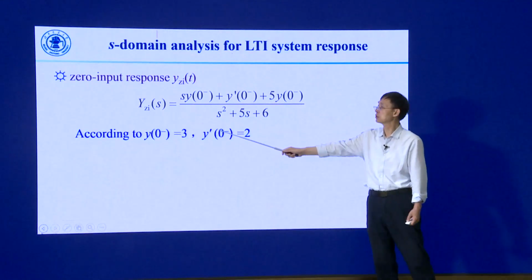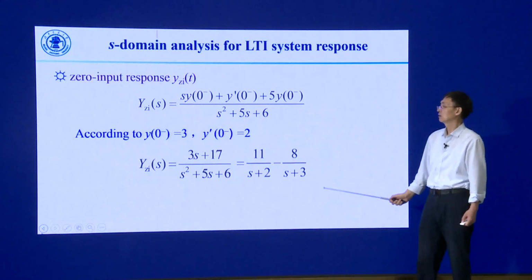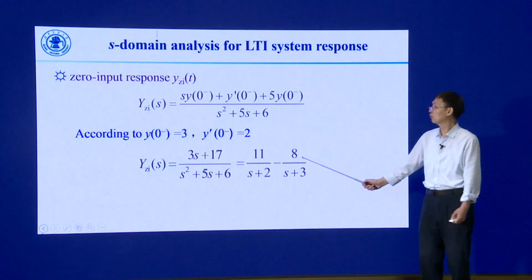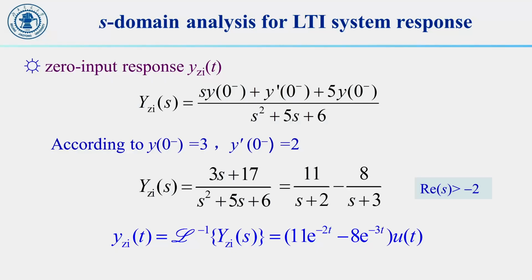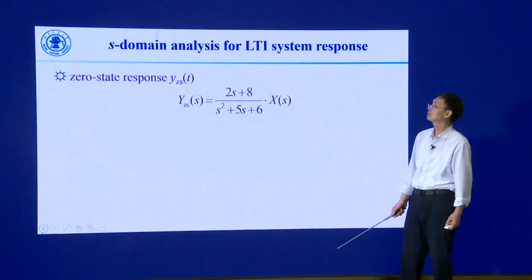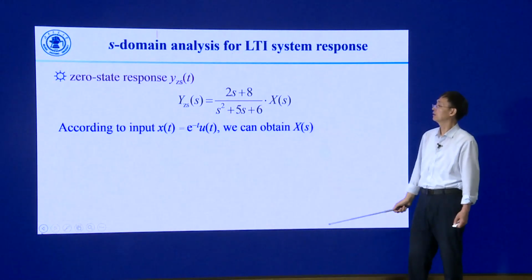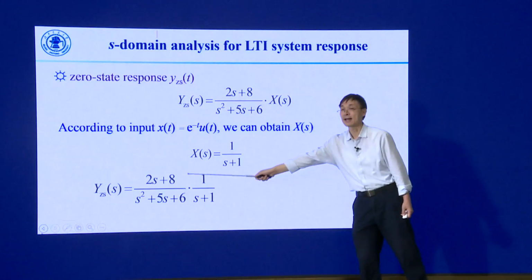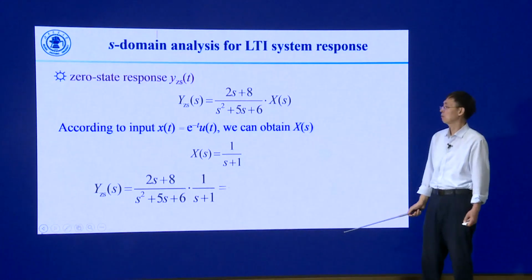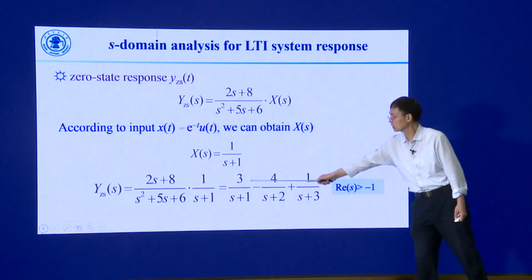According to the initial state, we can get YZIS. By partial fraction expansion, we can get the zero input response for this system. According to this equation and the input signal, we can get YZS of S. By partial fraction expansion, we can get this equation.